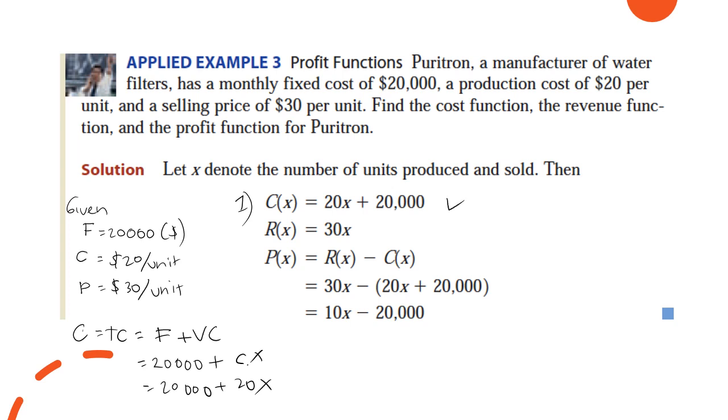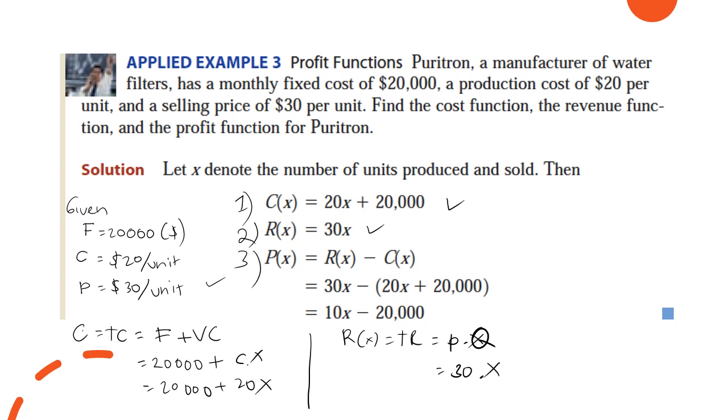So similar with this one. And number 2, TR, total revenue, comes from price times quantity, and the price is here, 30. Quantity is defined by X, so that is 30X here.